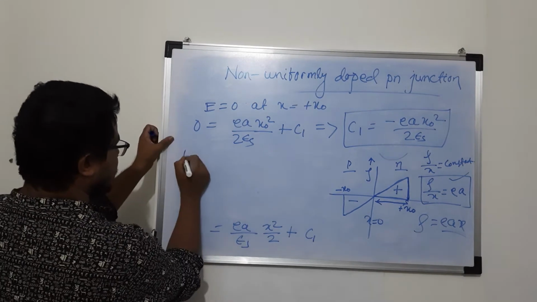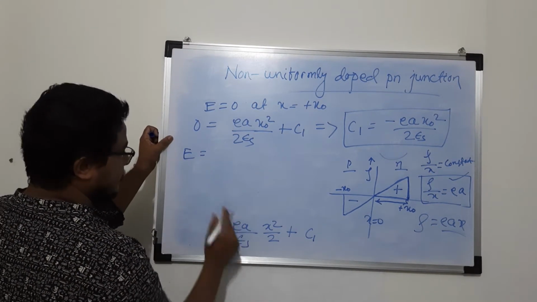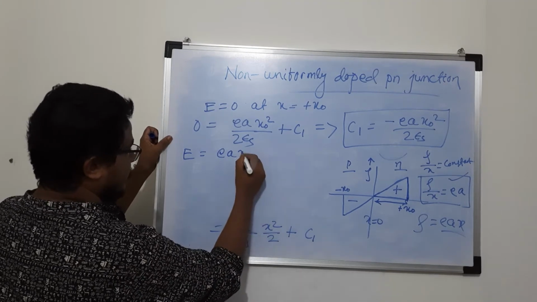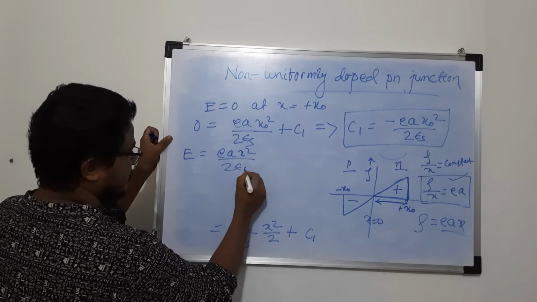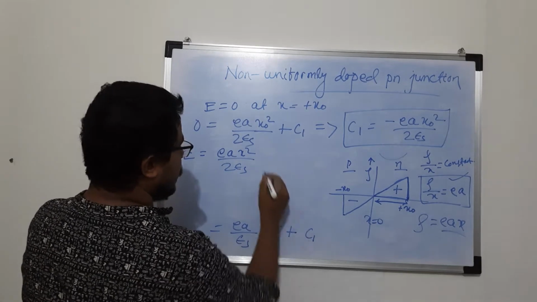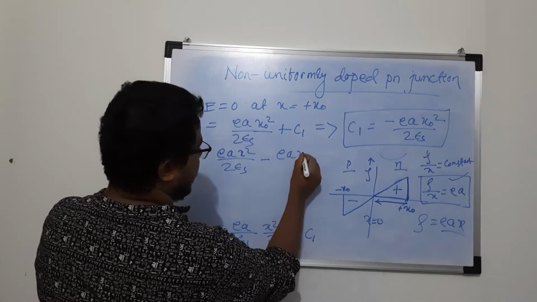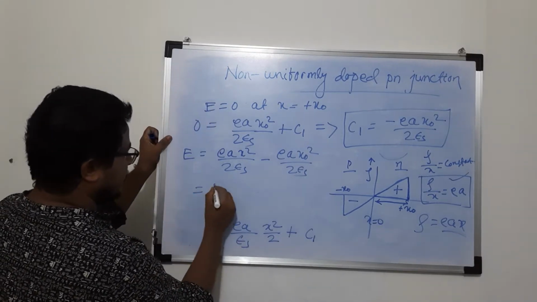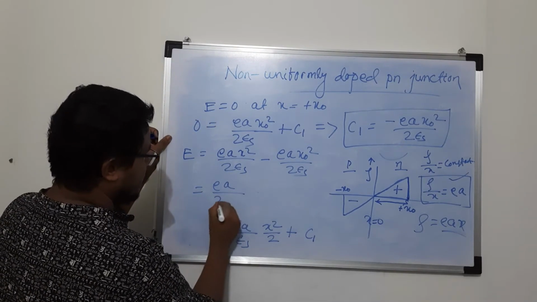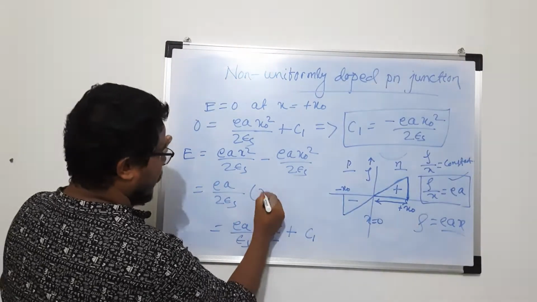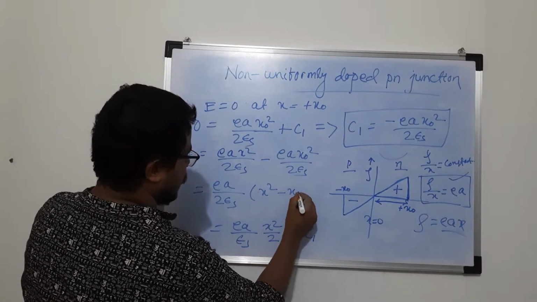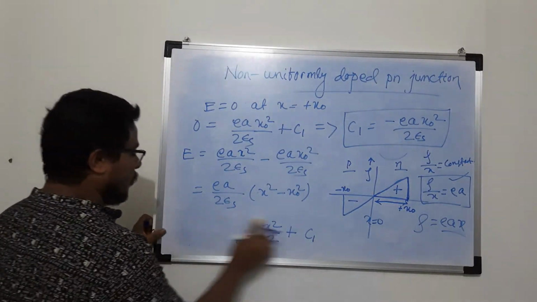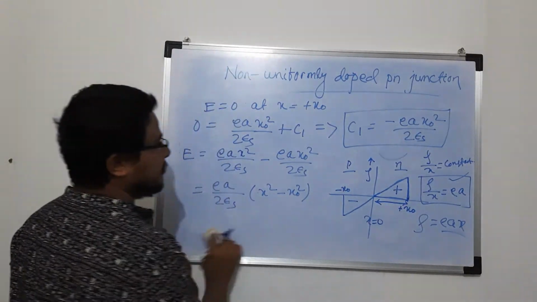We can rewrite it as electric field E is equal to Ea x square divided by 2 epsilon s, and then the C1 value which is minus Ea x0 square divided by 2 epsilon s. Take everything whatever can be taken common, Ea by 2 epsilon s, and here we got x square minus x0 square. So this is the expression that we got for the electric field in the depletion region.